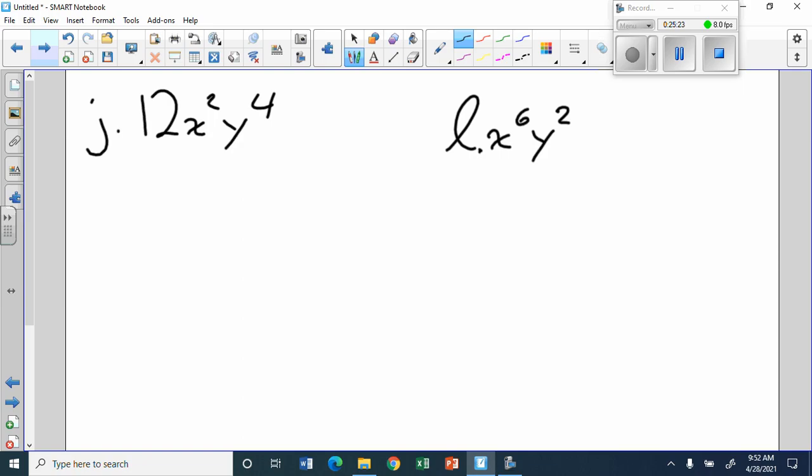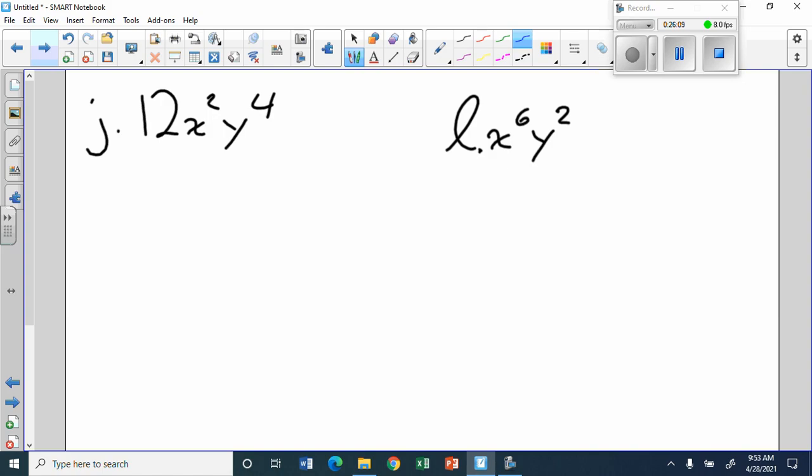A lot of information in one lesson. Which one's a perfect square?